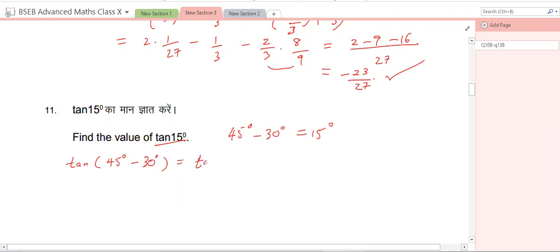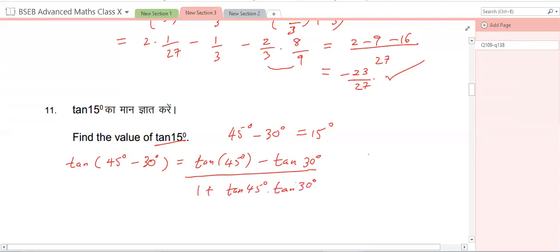So that is tan 45 plus tan B. So there's a negative here, so it'll become negative tan 30 degrees over 1 minus tan 45, tan of negative 30 is negative tan 30, so that's the reason why it's positive.